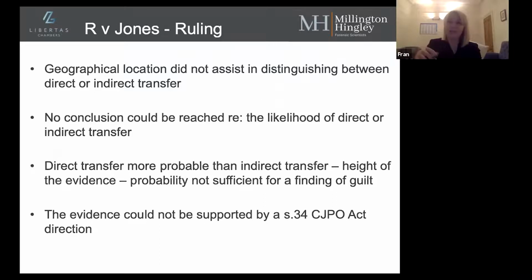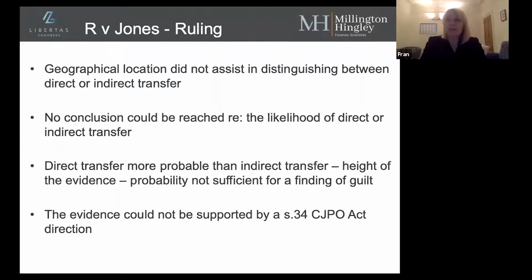But here, the geographical proximity of his home address to where the grenade was found meant there was more of an opportunity for innocent contact, perhaps meeting a conspirator on the street and an innocent handshake before that person went on to touch the grenade. So the geography really couldn't add any support to the prosecution's case.